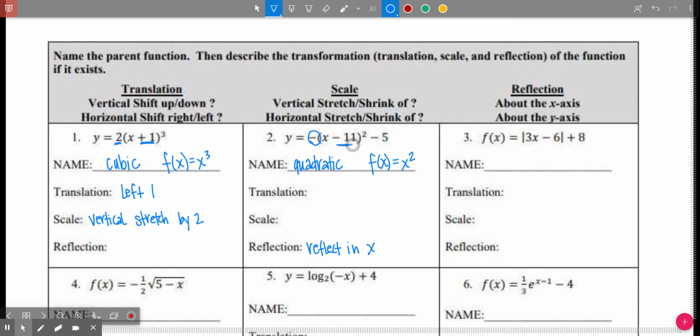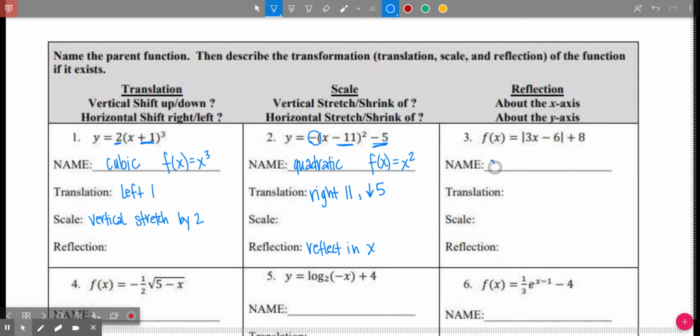We are subtracting inside, so that's a horizontal shift right 11 units. And we're subtracting outside the function, so it shifts down 5 units.